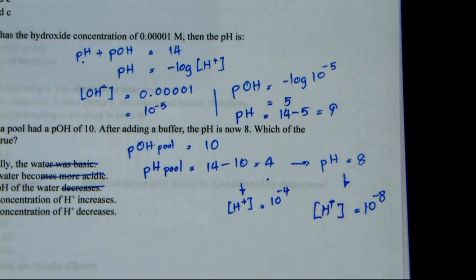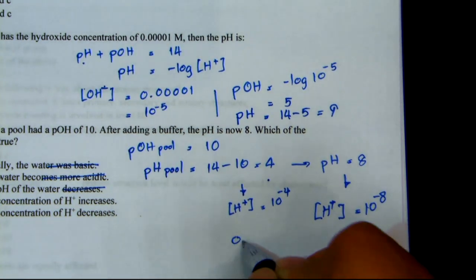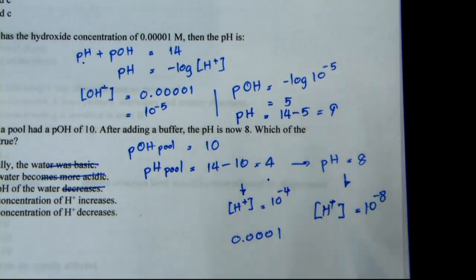Which one is smaller? Negative 4 or negative 8? Negative 8 is smaller, right? So if you look at this one, 0.0001, that's negative 4.